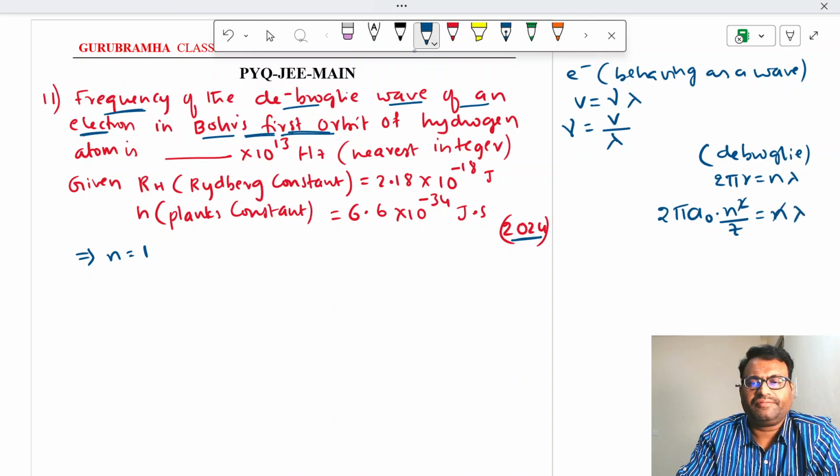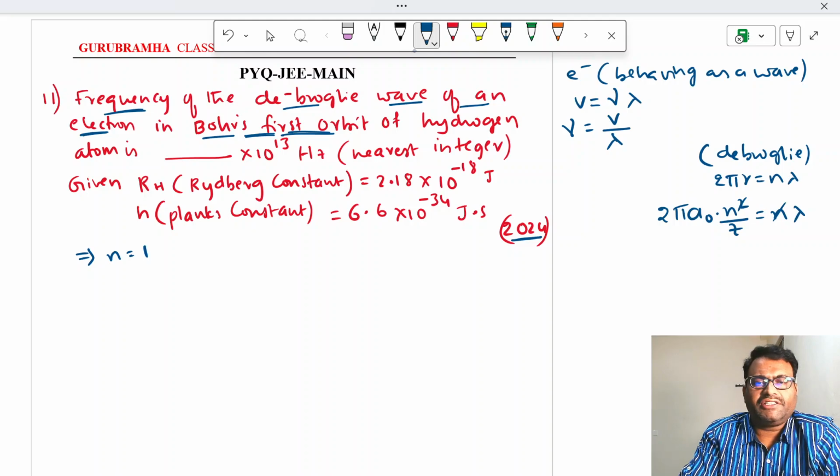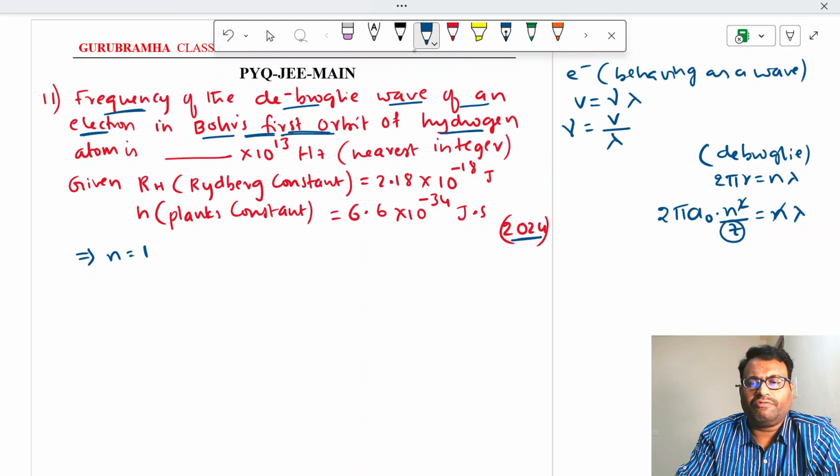N cancels. And as it is a hydrogen atom, z is equal to 1. Then what do you get? Lambda is equal to 2 pi a naught into n.